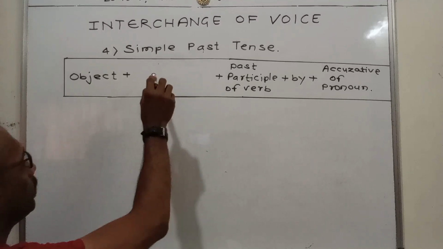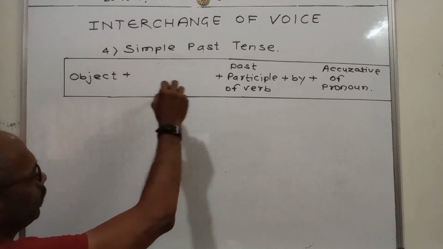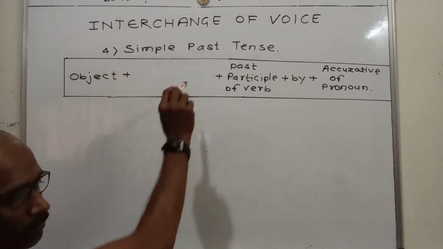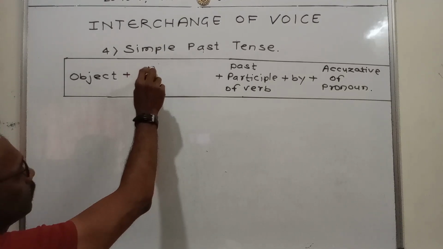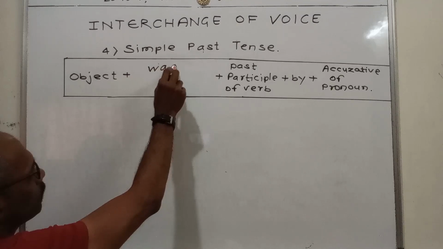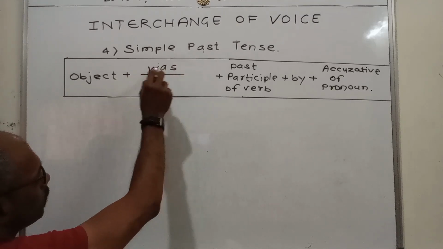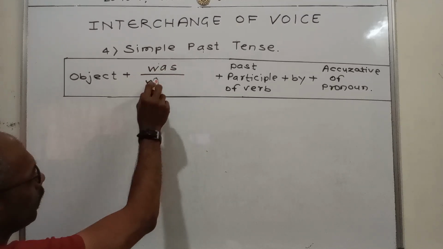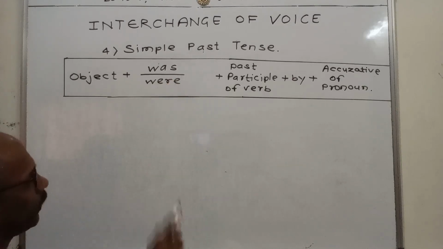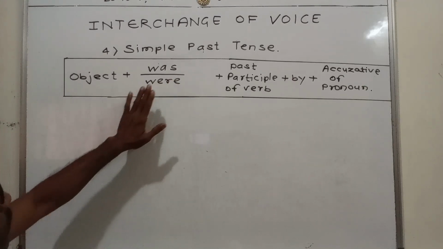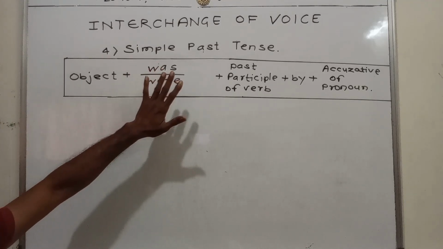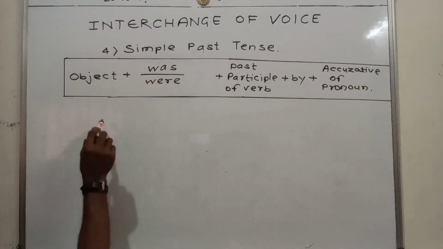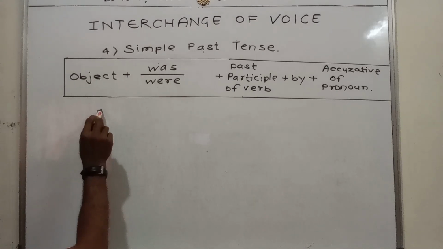Then we change only auxiliary verbs. Okay. Then we write here was for singular, and plural we write were. Only change is here at auxiliary verbs. Did you get it? Now first example.